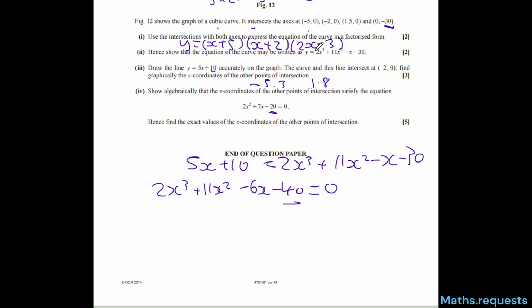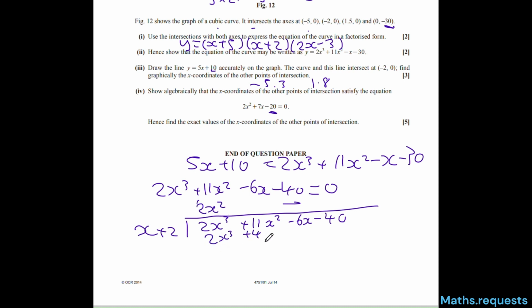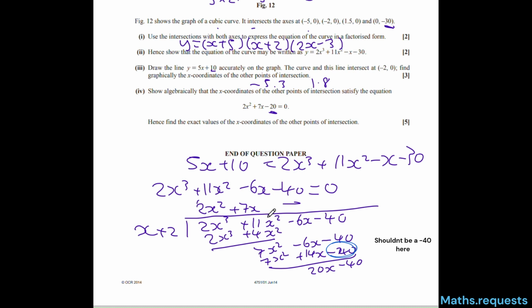So if we are going to divide it by any of these three factors here, we will divide it by the x plus 2 factor. So we'll have 2x squared at the top, so we'll get 2x cubed plus 4x squared. That gets us 7x squared minus 6x minus 40. So we'll add 7x on the top, so 7x squared plus 14x, minus 20x minus 40.